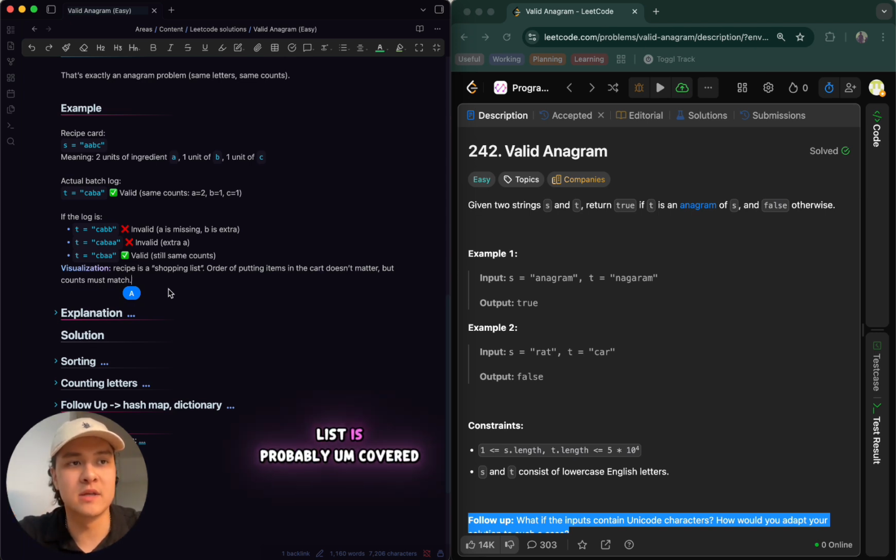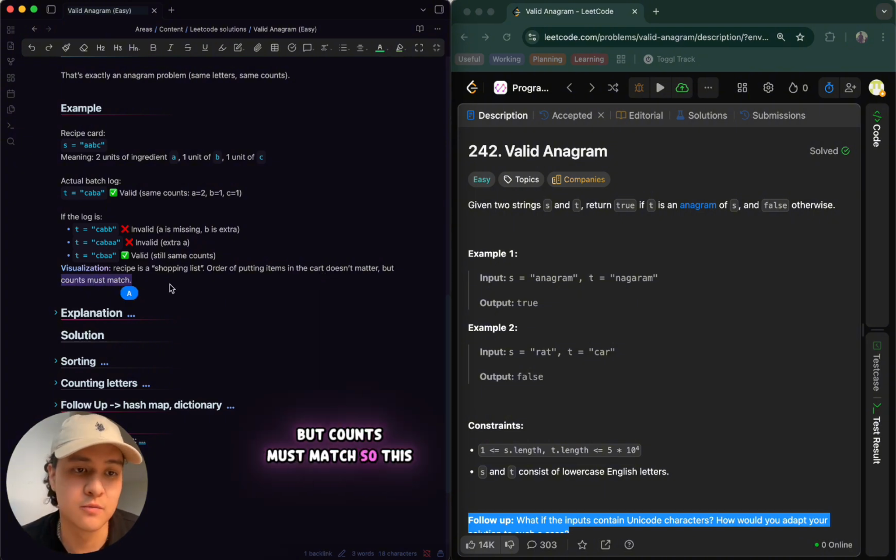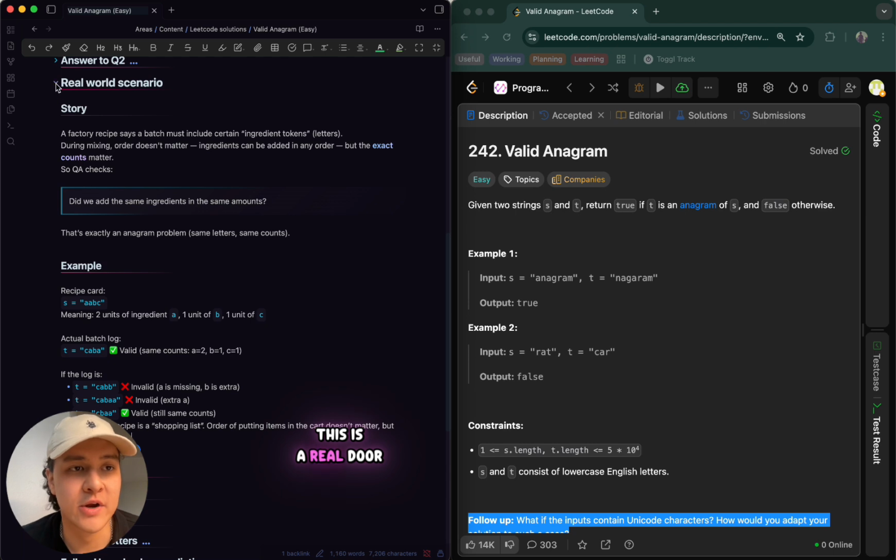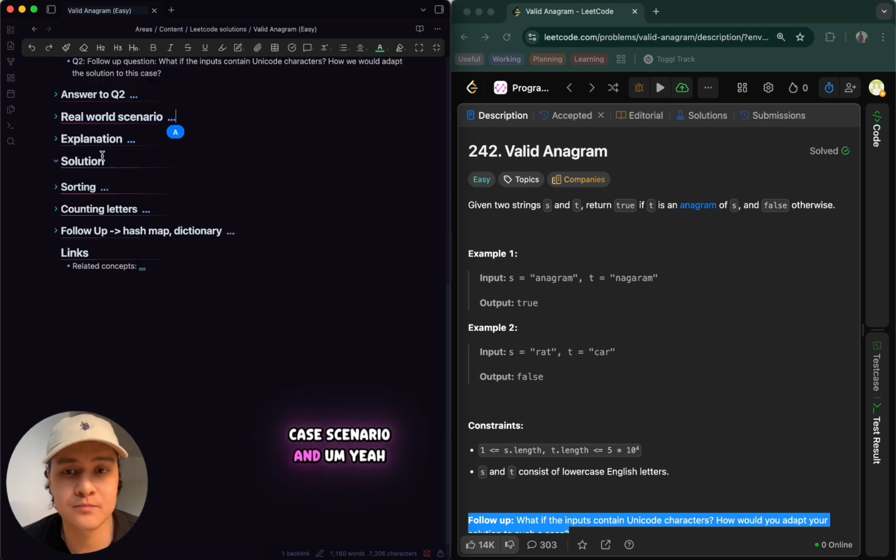Likewise with a shopping list: when we go to the store, putting items in the cart in any order doesn't matter, but the counts must match. This is a real-world case scenario.